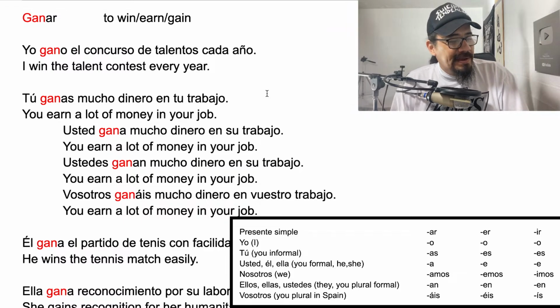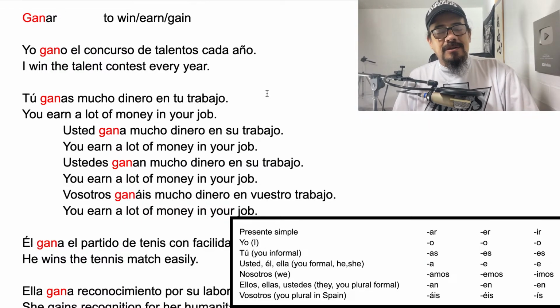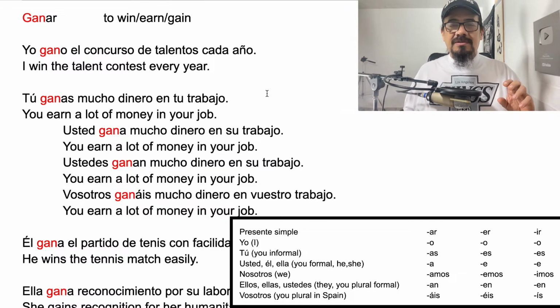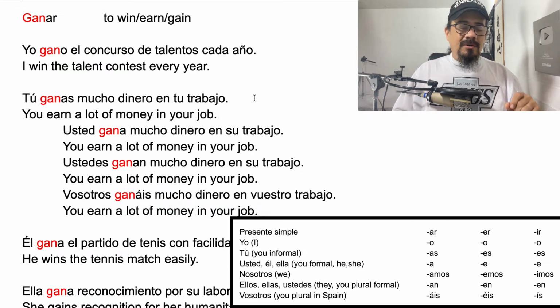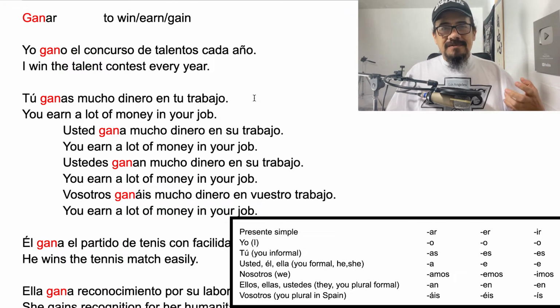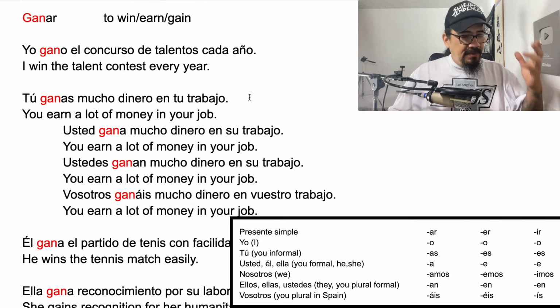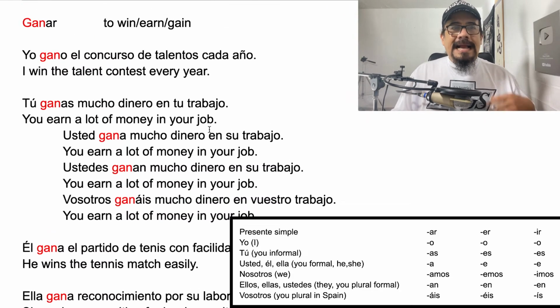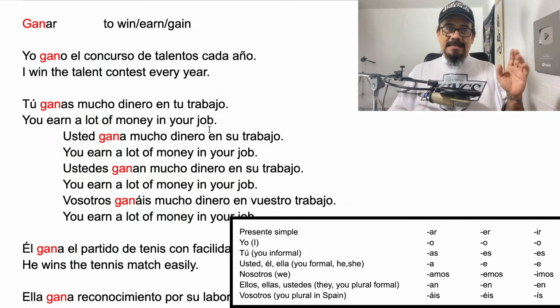We Spanish speakers have to deal with a lot of things when learning English, especially some structures and the pronunciation of words, a lot of sounds that we don't have in Spanish. But anyways, yo gano, ganar. You see how most of the verb endings are the same, so it's easy. Ganar.